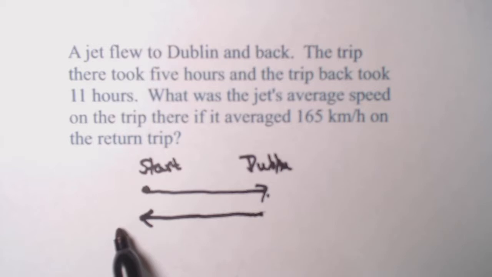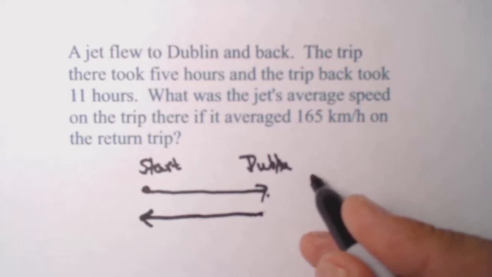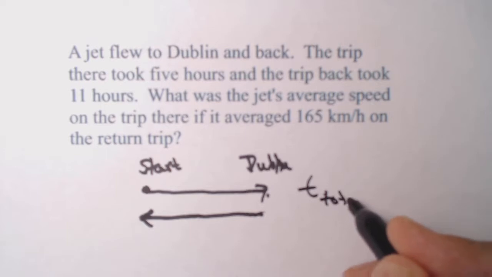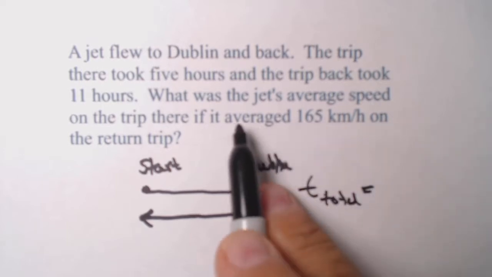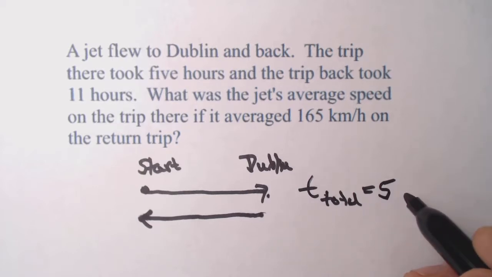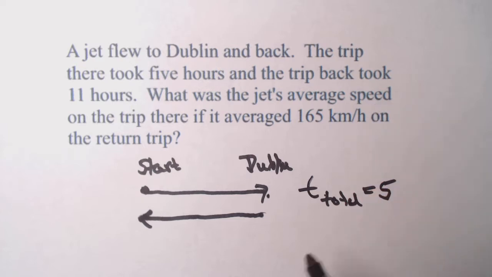The trip took 5 hours. Well, let's put this down. Total time, T total, I'll just write total here, equals what they say, 5 hours. And the return trip coming back took 11.